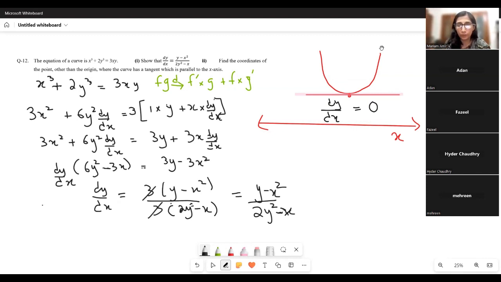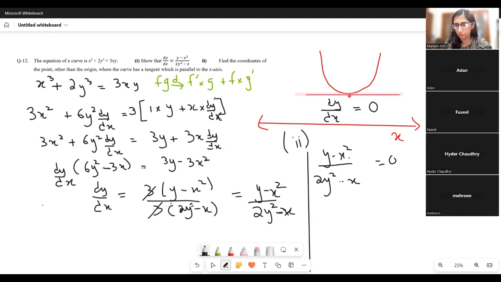So equate this to 0, y minus x squared upon 2y squared minus x equals 0. So it's going to be y minus x squared equals 0.